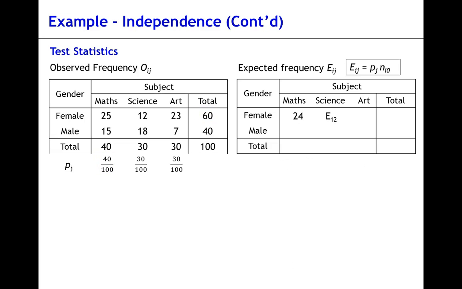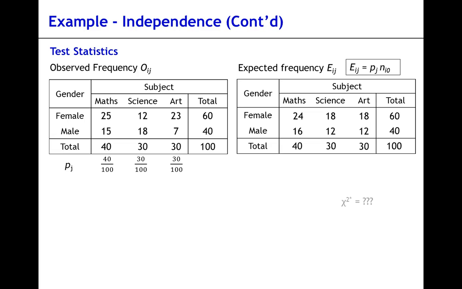To get E sub 12, we take the probability of the second column times the total for the first row to get 30 over 100 times 60, giving rise to 18. Do the same for the rest. The total for each row and each column should tally with the observed frequency table.